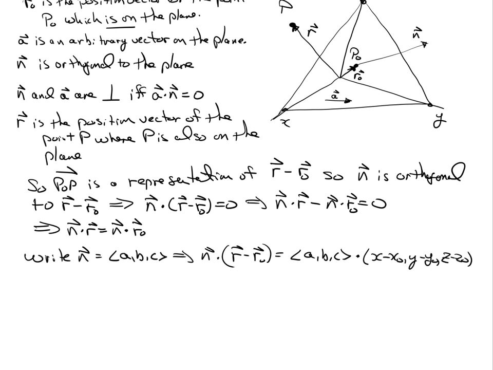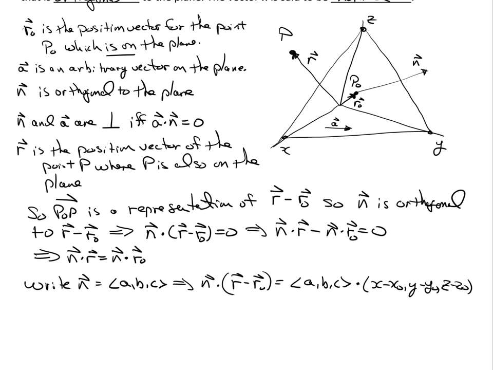Now obviously what I just did there is, whoops, I wrote that wrong. That's supposed to be a vector. I didn't write that as a vector. Now obviously the point P naught has coordinates x naught, y naught, z naught, and the point P has coordinates x, y, and z, hence my x minus x naught and so forth.